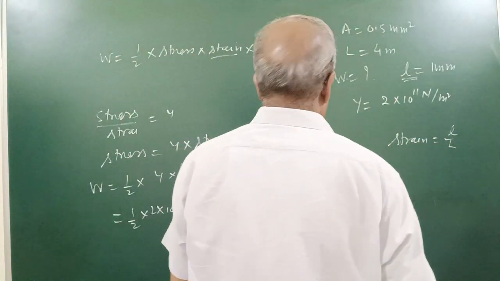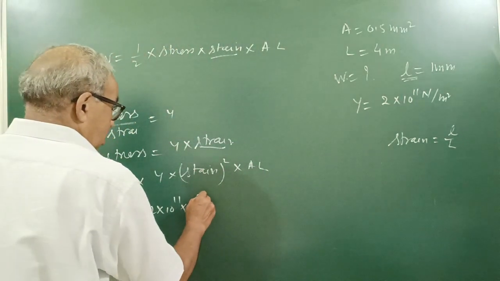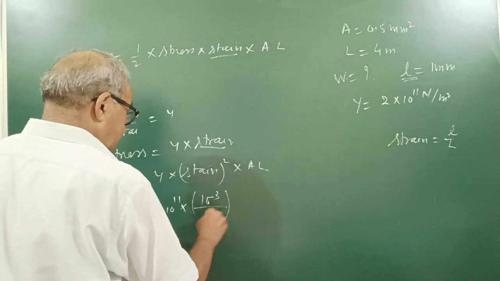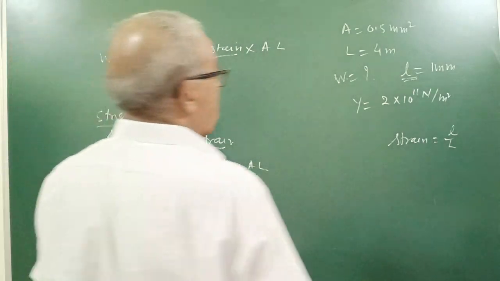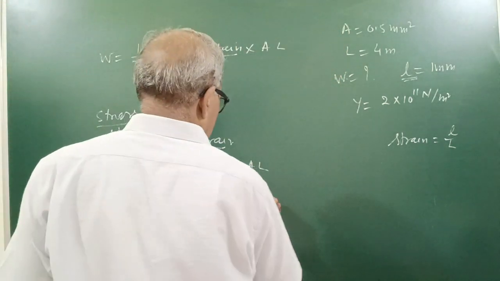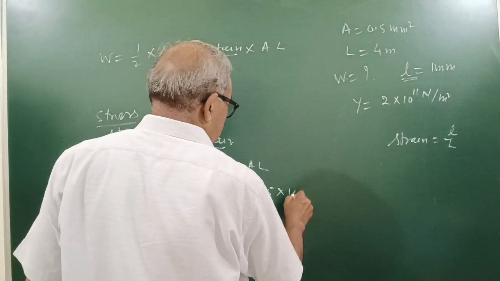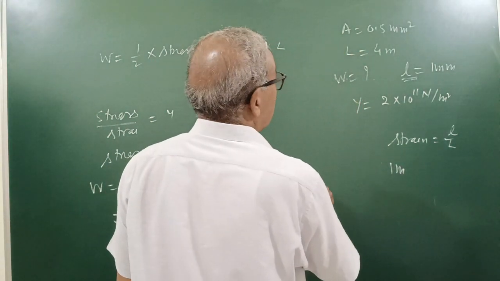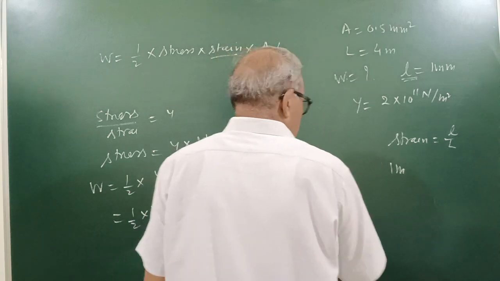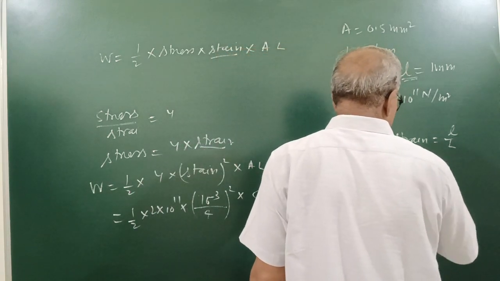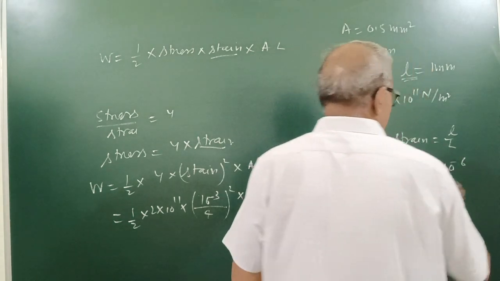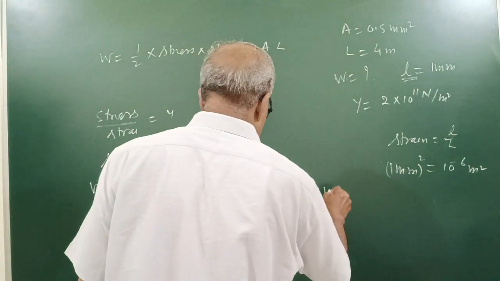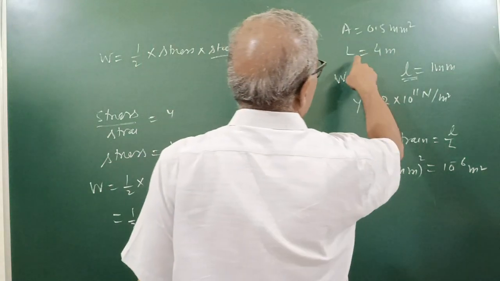So 1 millimeter means 10 to the power minus 3 meter upon L, which is 4, squared, into the area of cross section 0.5 millimeter square. 1 millimeter square is equal to 10 to the power minus 6 meter square, into length 4.